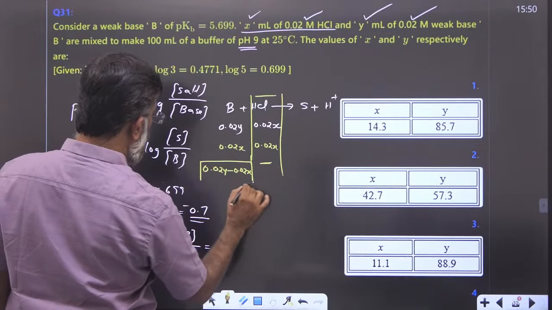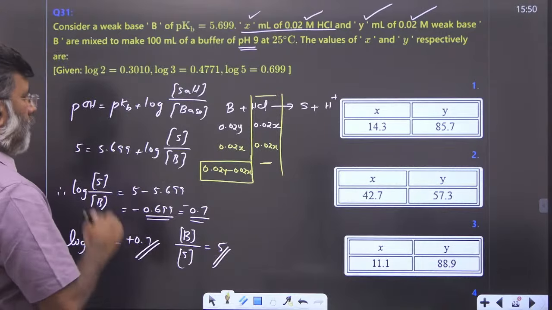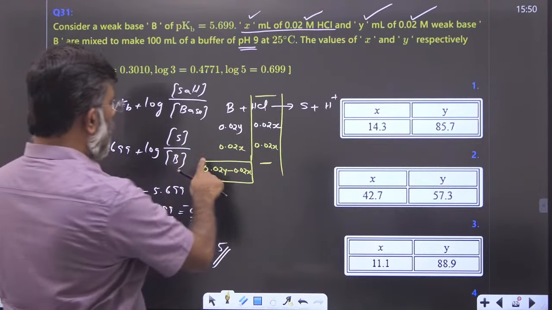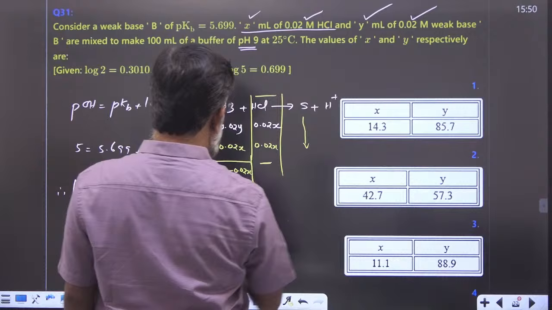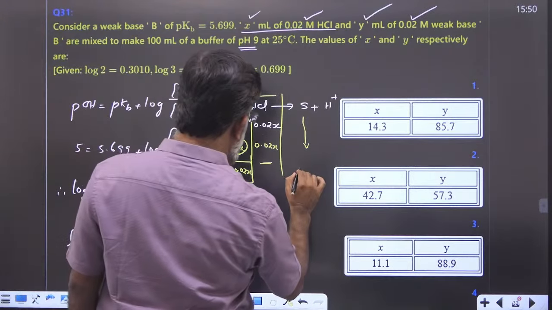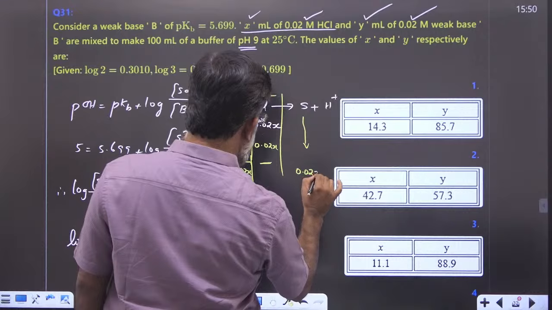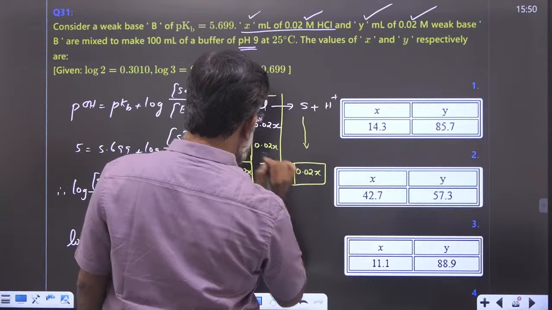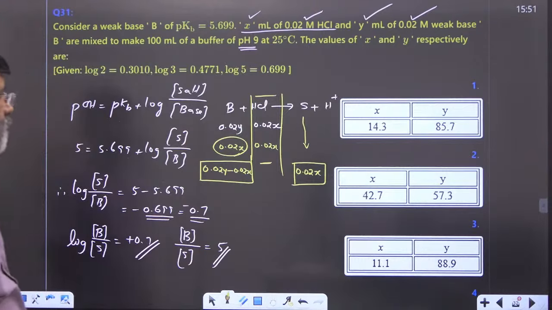This is the quantity of B remaining. And salt formed is 0.02x.